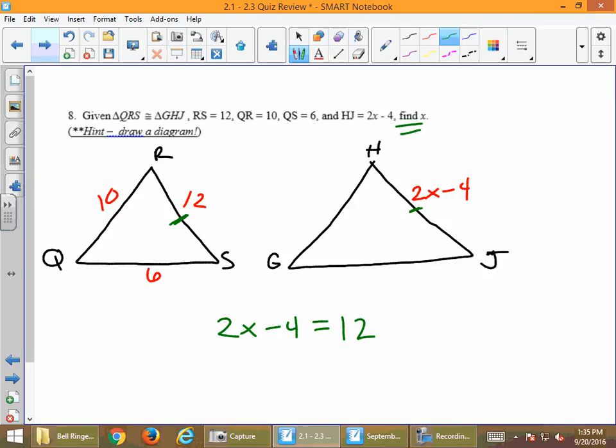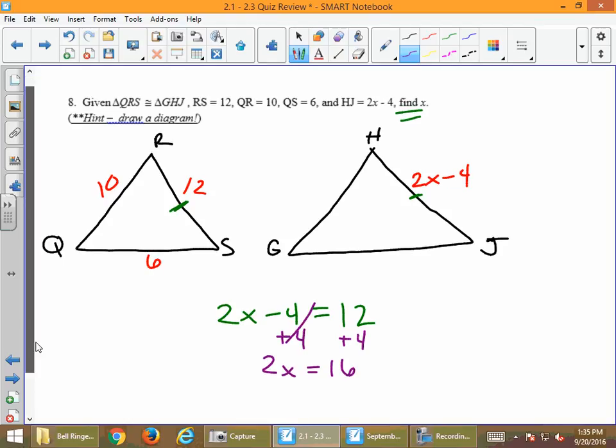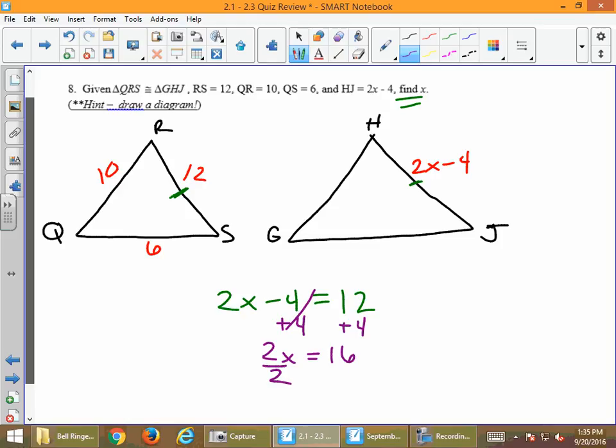Because those sides are the same, you just set them equal and solve. What do we have to do with the 4? We get 2x is equal to 16. And then what do we have to do with the 2? So x equals 8. You are done. Do you need to find anything else? Now next.